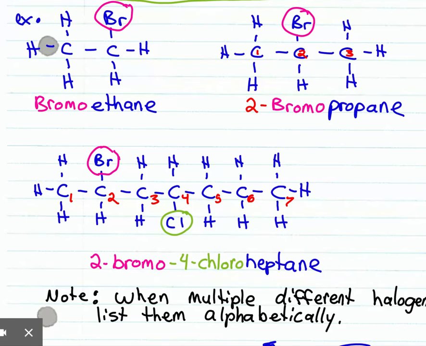We can see that we have 7 carbons in our chain, all single bonds, so it's heptane. Our bromine is on carbon 2, so 2-bromo, and carbon 4 has chlorine, so 4-chloro. So this is 2-bromo-4-chloroheptane. Just make sure you've paused and you have this copied.